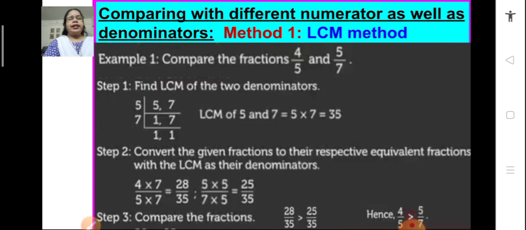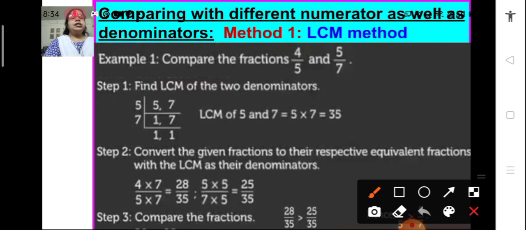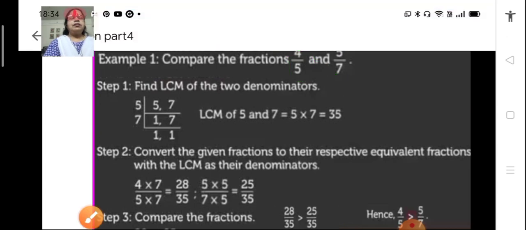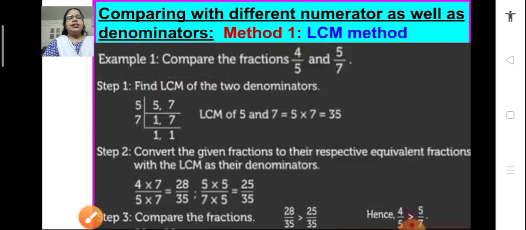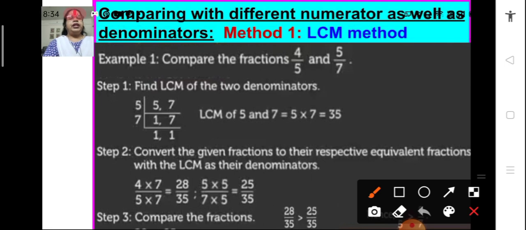So here we have an example showing this. Compare the fractions 4 upon 5 and 5 upon 7. So here in both these fractions we have different numerators and denominators. So in the first step, we find the LCM of the two denominators, 5 and 7.